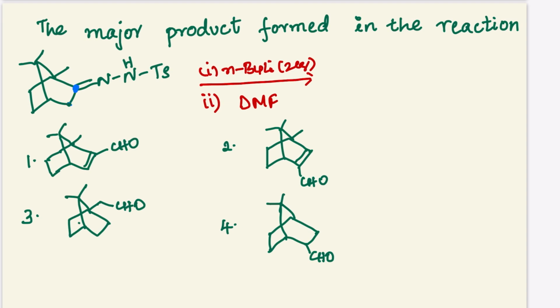On reaction with butyl lithium, since there is only one possibility for the alpha hydrogen, this will be the alkene that is formed. This was the electrophilic center in the starting material, and now it will be the nucleophilic center, and the product that we are going to get is this one, A.